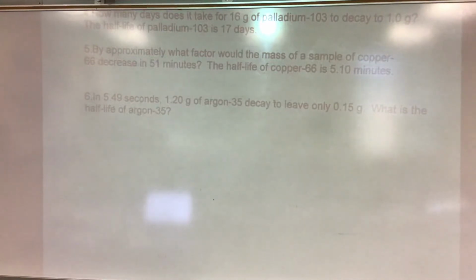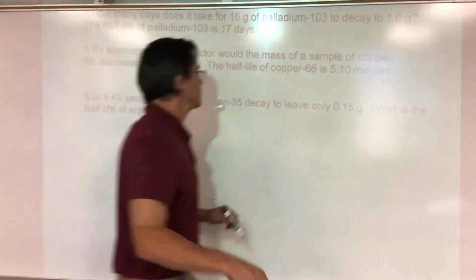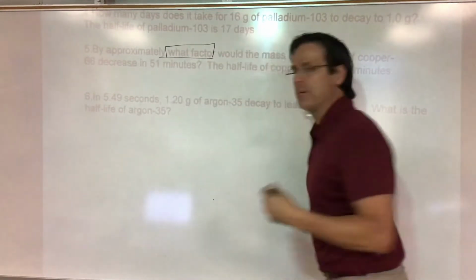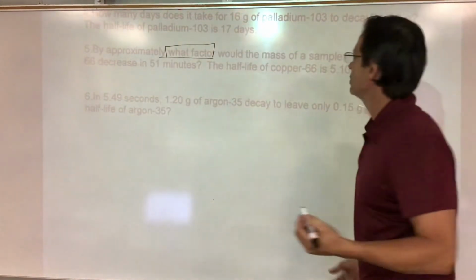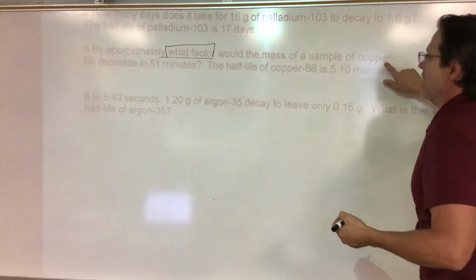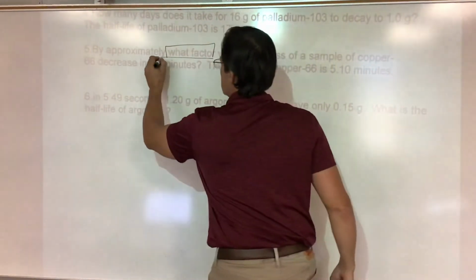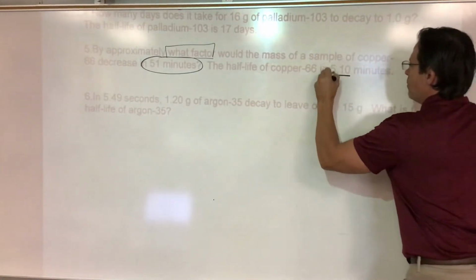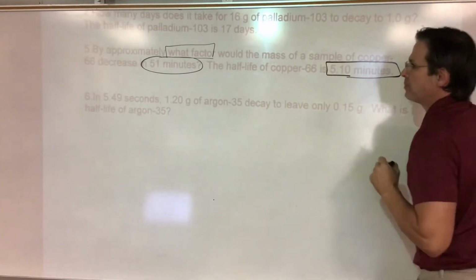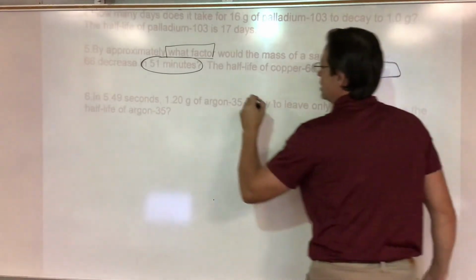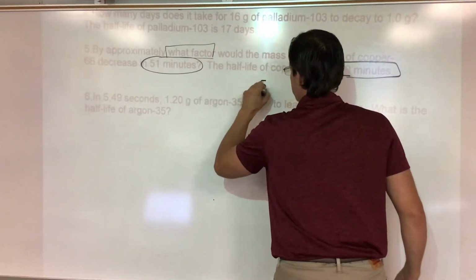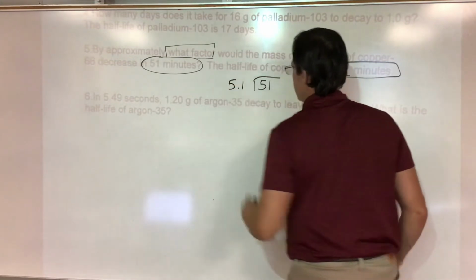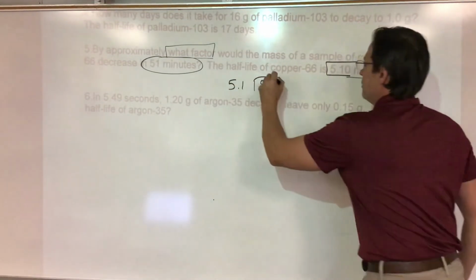All right, number 5. A lot of you figured this one out, some of you didn't. It says approximately what factor. So they're asking how many times it went through a half-life. With the mass of the sample of copper-66, if this was the total time it decayed and the half-life is 5.12 minutes, all I need to do is divide 5.12 into the total time, which comes out to be 10.